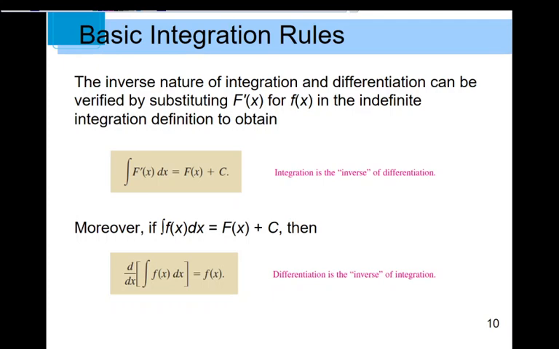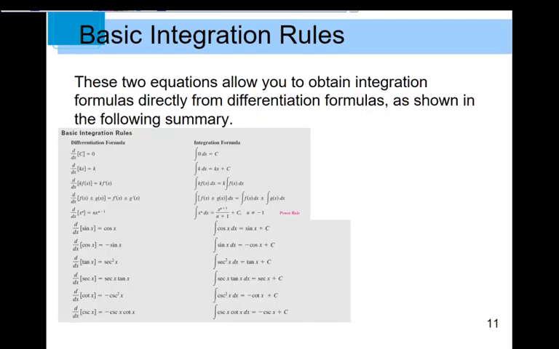That means that for some of these derivatives that we've been doing, the only way to find the antiderivative is to know what the derivative is. Here's a list of the differential rules that we've been going over so far and their integrations.